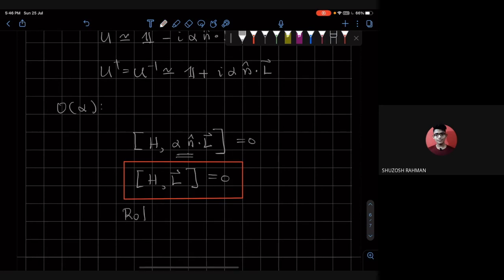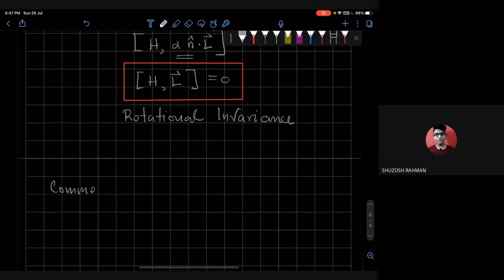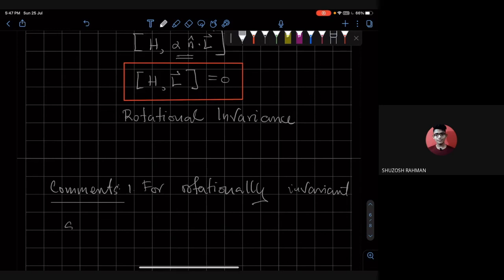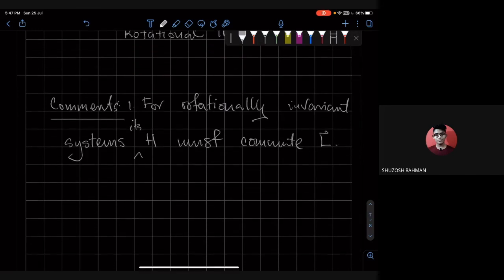Okay, let me make a comment. Comment number 1: for rotationally invariant systems, H must commute with L. I've done this for orbital angular momentum, but it also holds for spin angular momentum.